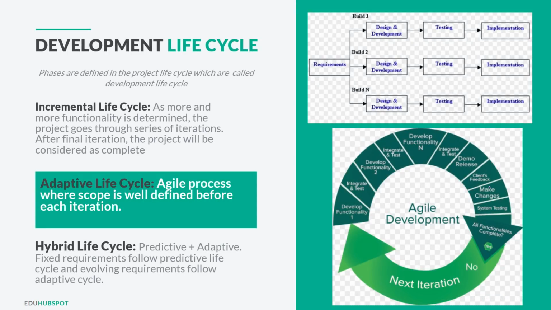Then we have the incremental life cycle, adaptive life cycle and the hybrid life cycle. So let's first see what is incremental. As more and more functionality is determined, the project goes through a series of iterations. After the final iteration, the project will be considered complete. So incremental is actually based upon the iterations only. In each iteration, you come up with something. Let me give you an example.